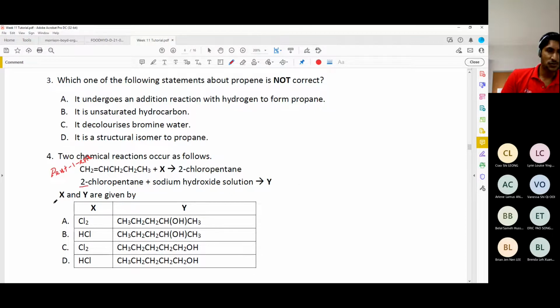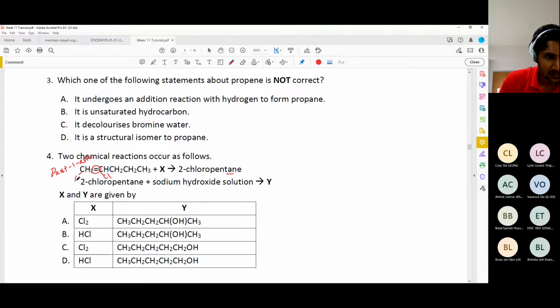That doesn't mean 2-dichloro. I just made a mistake previously. I took this 2 as di. It is not a di. It is 2-chloro, which means the chlorine is attached to the 2 position. Since chlorine is attached to the 2 position, there is no other chlorine, and the double bond is broken. There is no double bond anymore because it's a pentane.